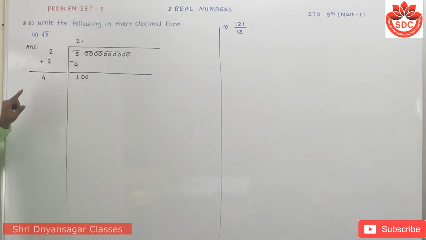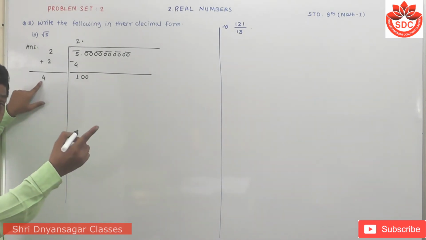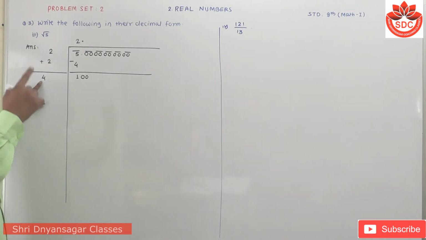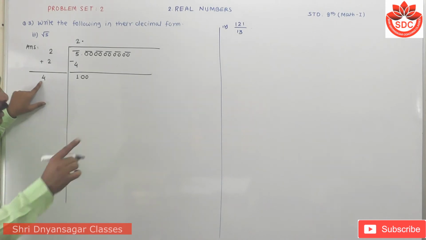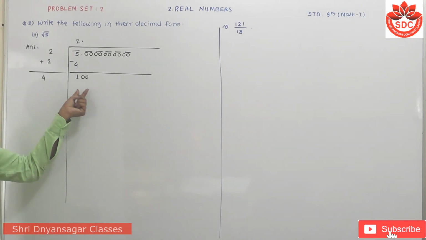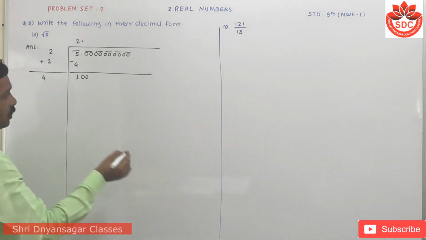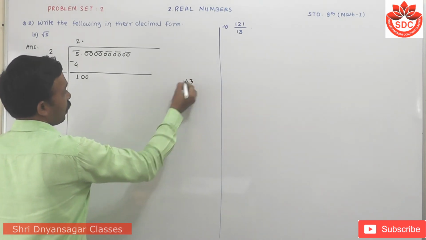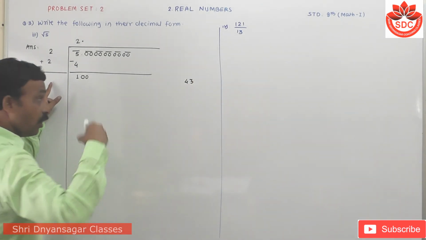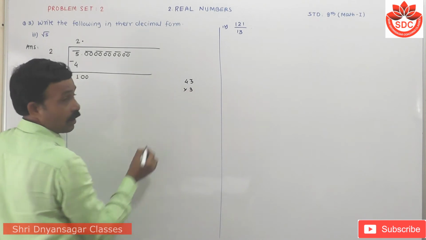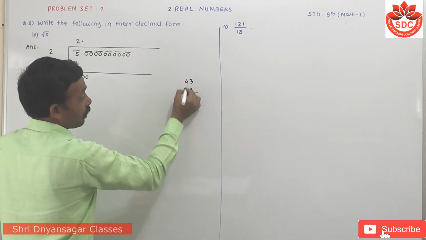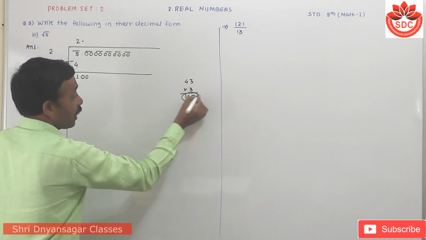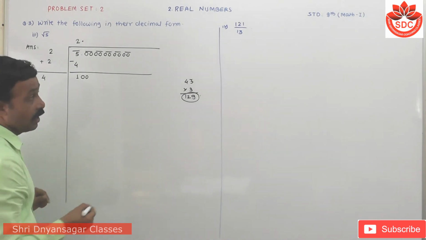Now take any number next to this 4 such that when you multiply by that number, it becomes 100 or nearly equal to 100. Now student, suppose I take 3 next to this 4. Then you have to multiply by 3. Then it becomes 3 3s are 9 and 3 4s are 12. This is greater than 100, so we cannot take 3 here.